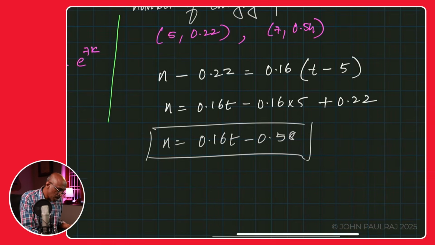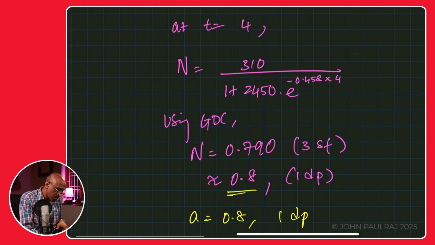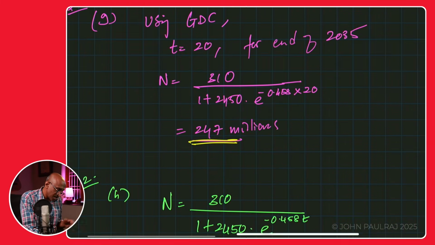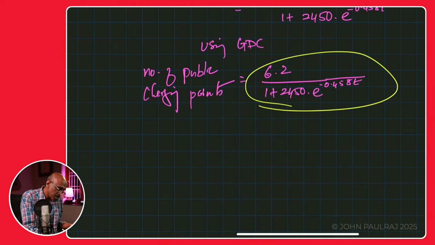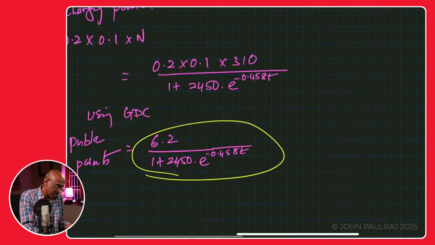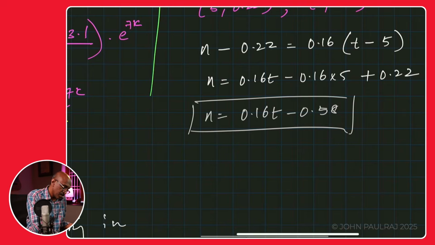So this is an expression for the number of charging points. Now we want to find the value of t when the capital N, and we're not talking about this general expression, I'm looking at the one which was that 20%, this particular one. When is this expression greater than the one that we just found? 6.2 over 1 plus 2450 e to the power of negative 0.45t. So let me write it down here.